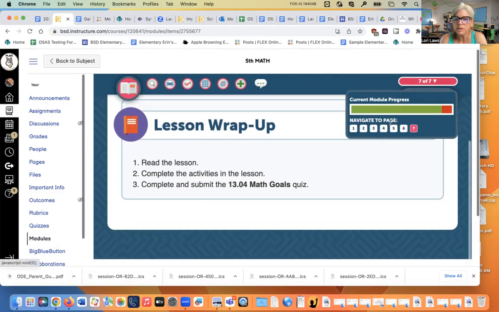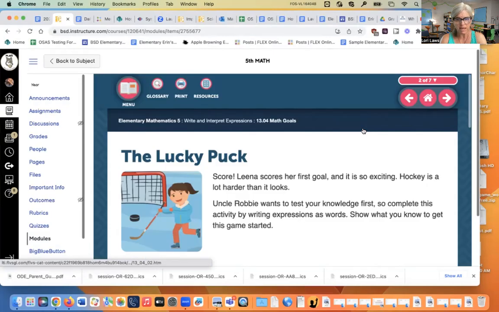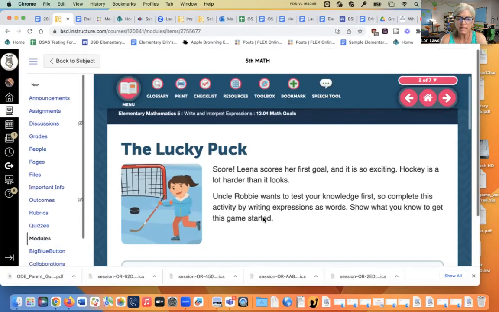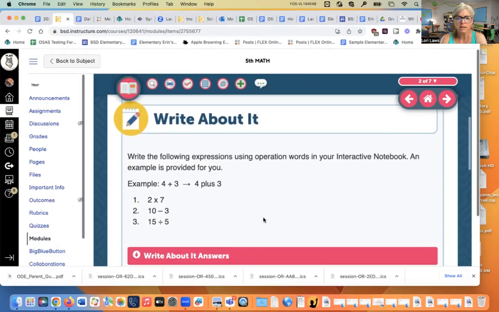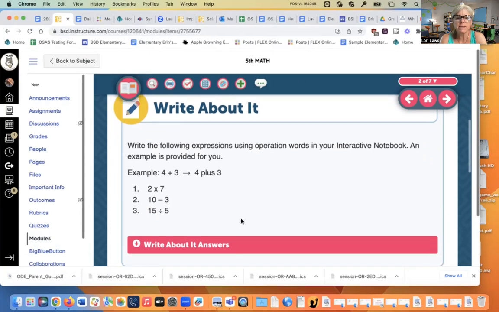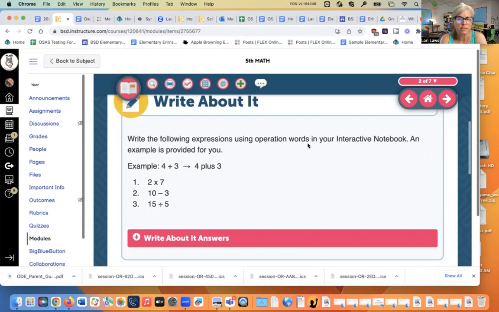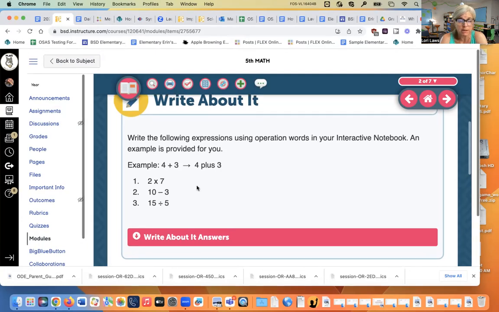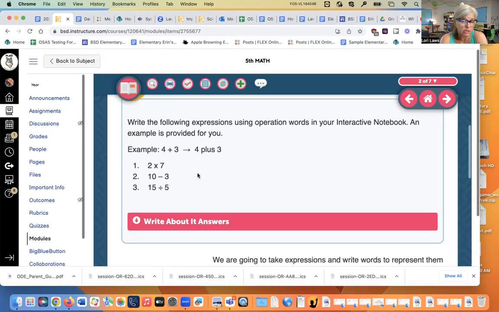To be able to do the quiz, you need to work your way through the pages carefully, reading it and doing all of the exercises. So here it says, write the following expressions using operation words in your interactive notebook. An example is provided for you. 4 plus 3. You would write it like this, 4 plus 3. You might even write out the words for 4 and 3, but here they're not asking you to do that.